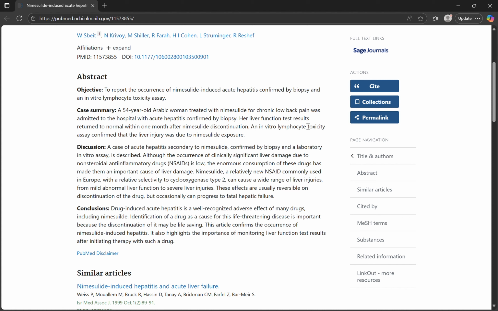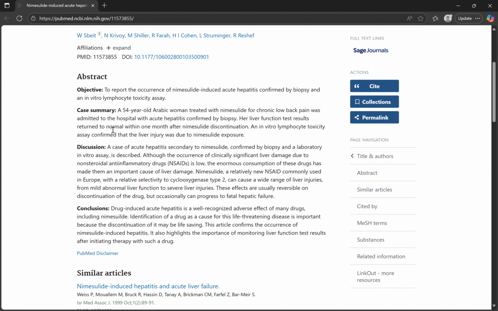Now her liver function test results returned to normal within 1 month after nimesulide discontinuation. What we call this in pharmacovigilance is that there is a discontinuation of nimesulide, which means there is a dechallenge, and that dechallenge here is a positive dechallenge because after the discontinuation of the particular drug, that is nimesulide, the person has returned to normal results.